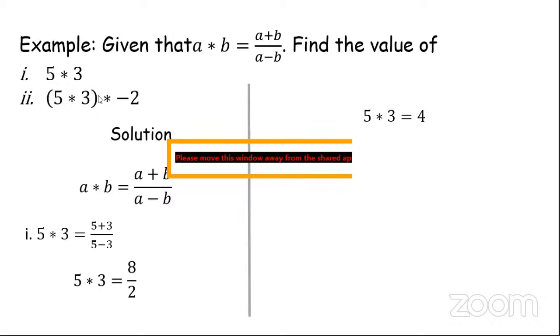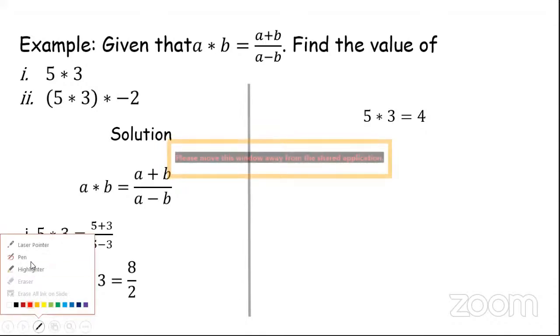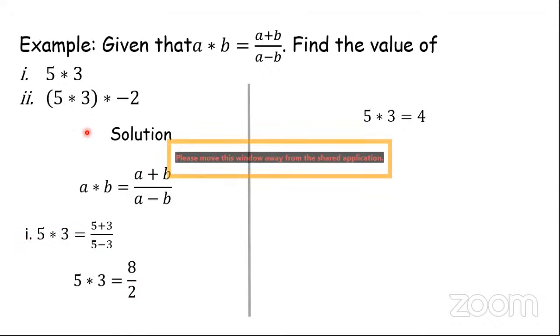And then when we go to part B, remember on the second part, we wanted 5 star 3, then star 2. But the 5 star 3 has given us a 4. So instead of having 5 star 3, we are going to substitute 5 star 3 with the 4.